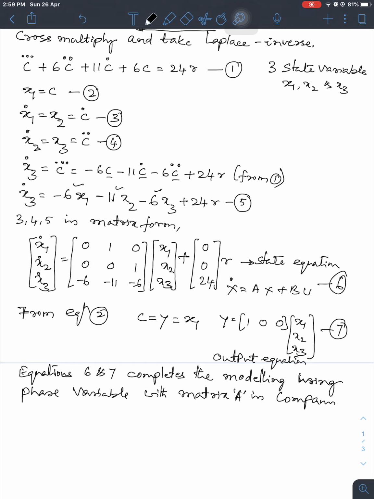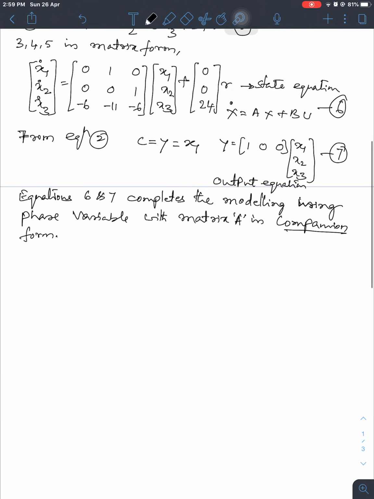This is an important form, companion form. So this completes modeling, one modeling.